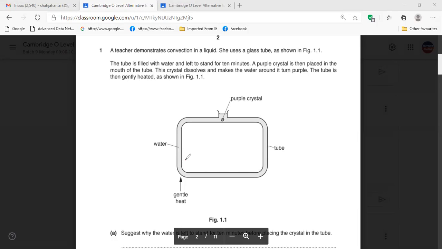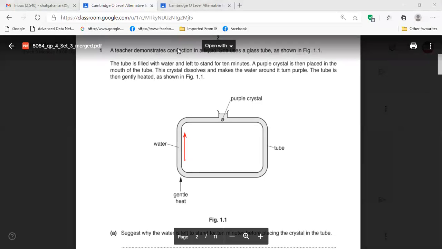You can give the arrow here like this, here or here, this place, or anywhere here. Sir, I give an arrow next to the crystal, right side. Yeah, it's fine. You can also give it here.